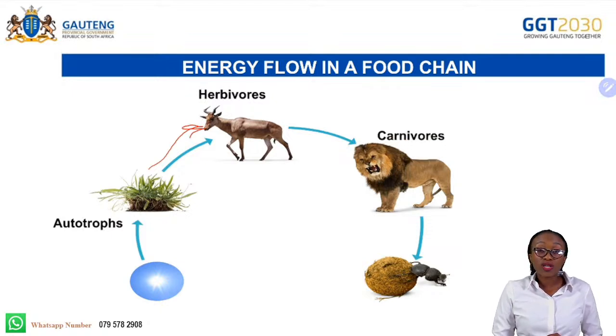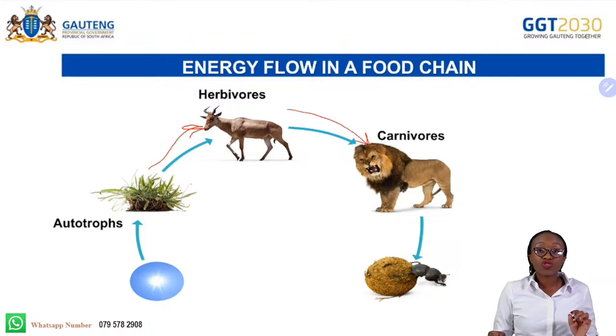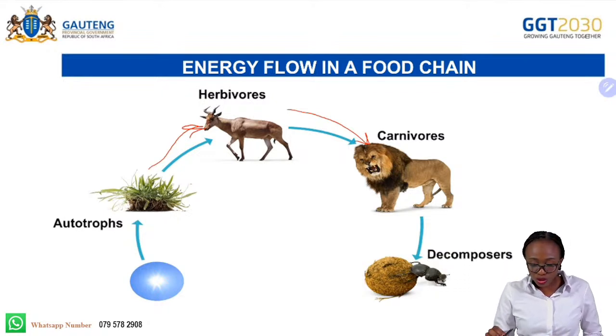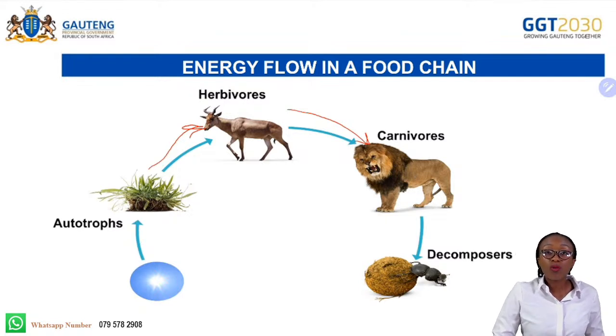The herbivore is going to be eaten by the carnivore. In this particular case, we have a lion. See, the arrow is pointing towards the carnivore. So energy has flown from the herbivore all the way to the carnivore. That's where the energy has gone. And then through droppings, now the decomposer, which is our dung beetle there, decomposes any organic matter that is in the droppings of the carnivore, recycling the nutrients back into the ecosystem.